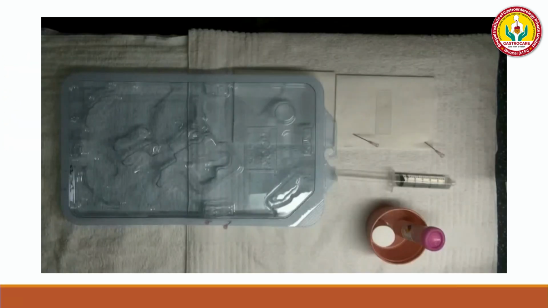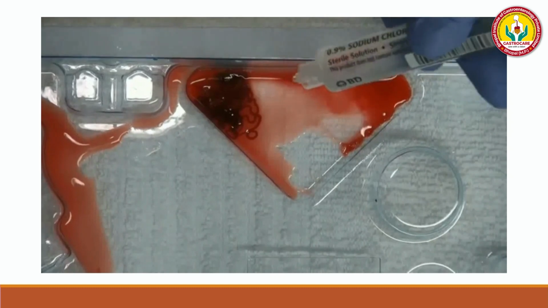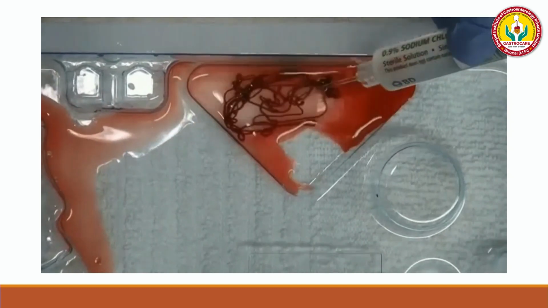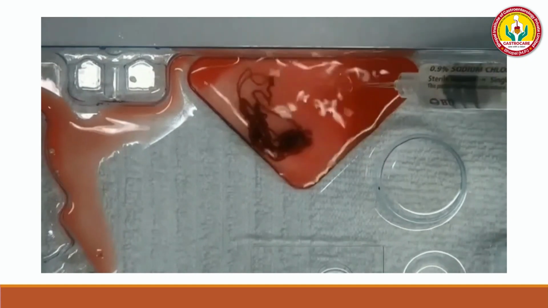And also, of late, endoscopists are doing EUS-guided liver biopsies and FNAs. When you get a long core, sometimes the endoscopist feels, I've given a very long core. But all of this is not liver tissue.